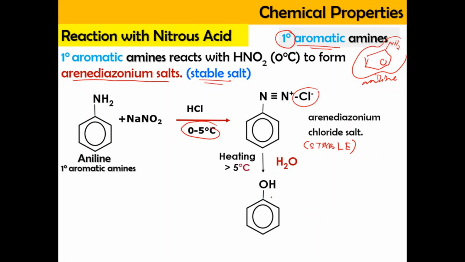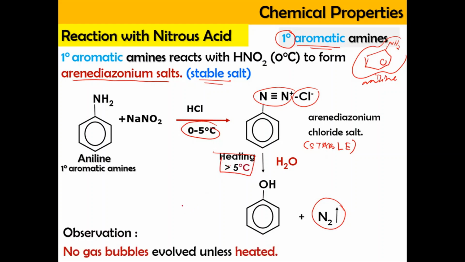So as a product, you're going to form a phenol, and the N2 here is going to be released as nitrogen gas. And this happens when it is above 5 degrees Celsius. So you can say that for the observation, there will be no gas bubbles evolved or released unless heated.